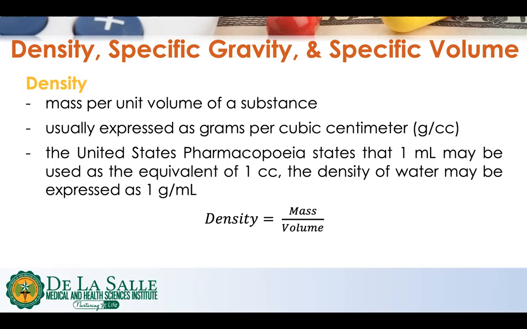The United States Pharmacopoeia states that 1 milliliter may be used as the equivalent of 1 cubic centimeter because the density of water may be expressed as 1 gram per cc or 1 gram per ml. Other units may be used in expressing the density, such as gram per liter or even gram per cubic feet.